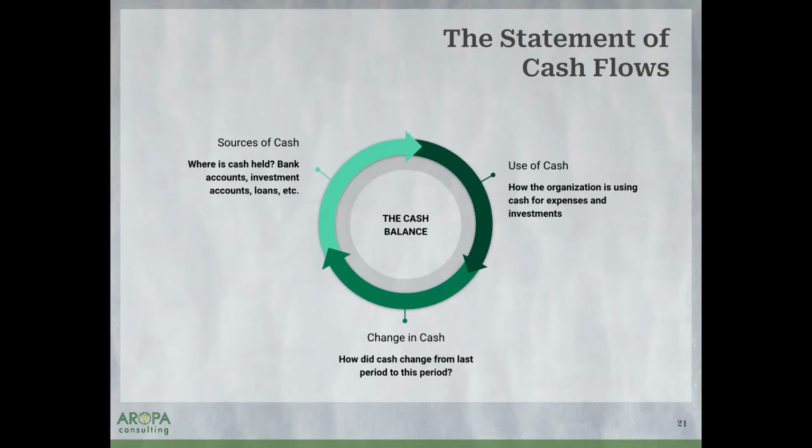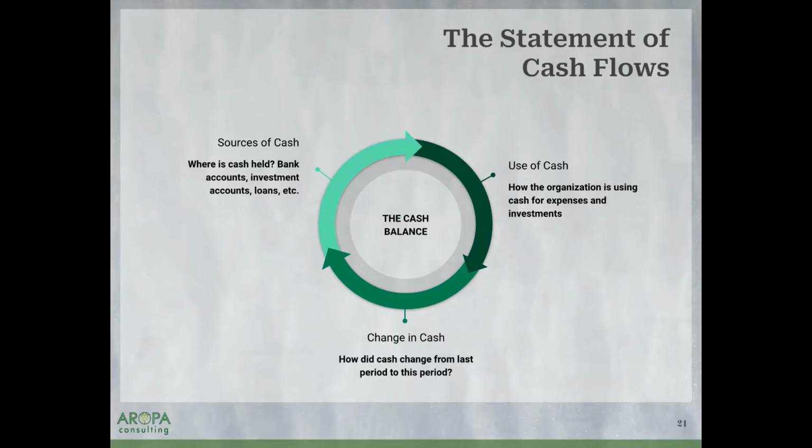And when we're thinking about changes in cash, we're thinking about it from operating activities, investing activities, and financing activities. And that makes sense. When we think about even our own personal finances, we're thinking about operating activities, right? What money came in from our salary, what money came out for our expenses.